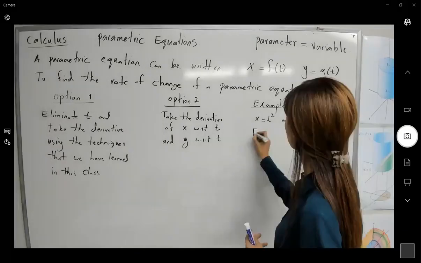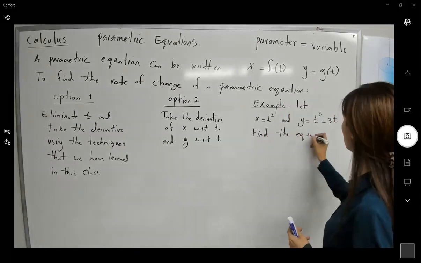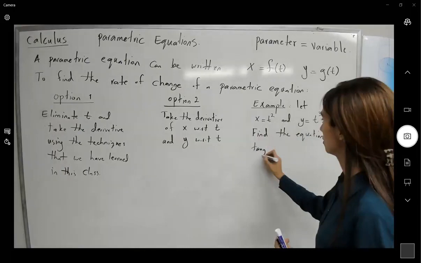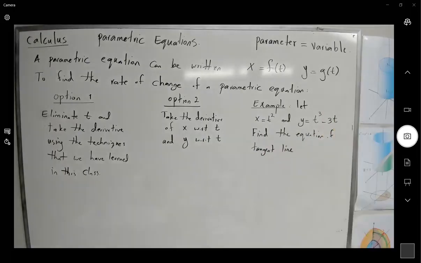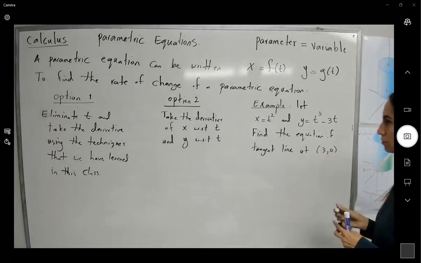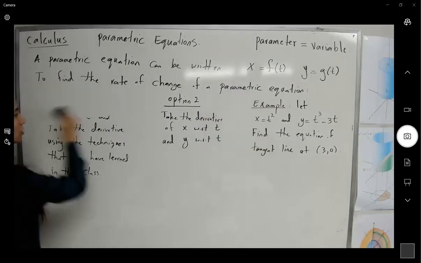Find the equation of the tangent line at 3 and 0. So I'm going to write down the solution on this side.